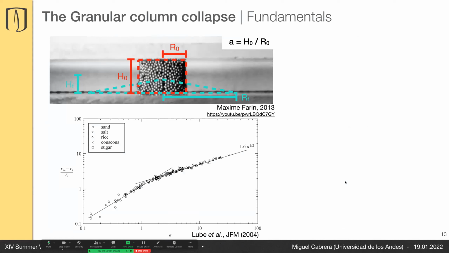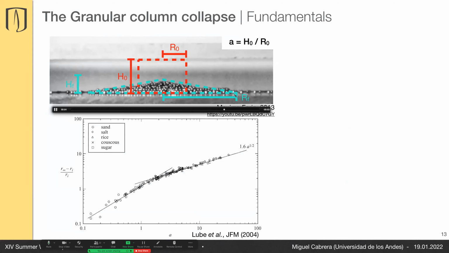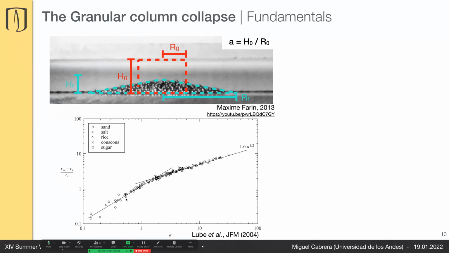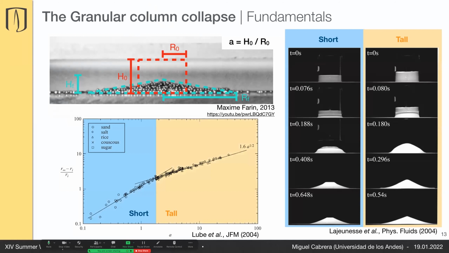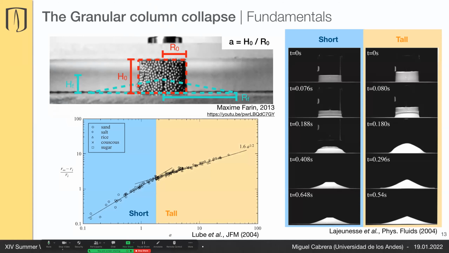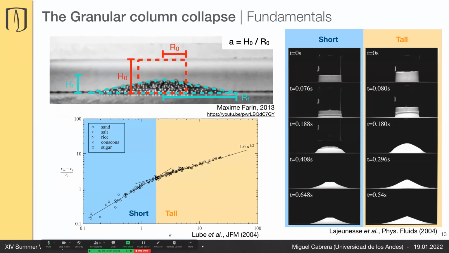What we observe in these configurations basically is to compare how far the column collapse moved relative to its initial dimensions. These initial dimensions give what is called an aspect ratio. And as shown by Lube or Lajeunesse, this aspect ratio controls the mobility of the flow. And in this mobility, we differentiate between two kinds of column collapses, short collapses and tall collapses.